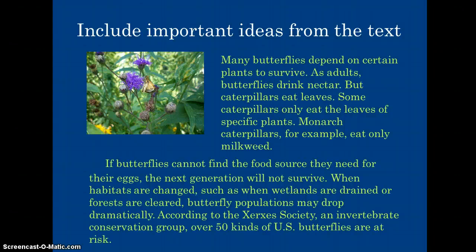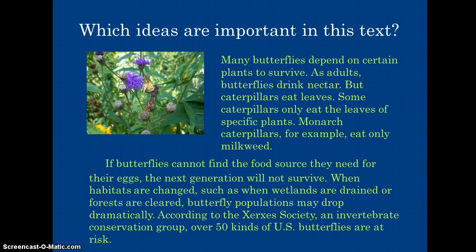When habitats are changed, such as when wetlands are drained or forests are cleared, butterfly populations may drop dramatically. According to the Xerces Society, an invertebrate conservation group, over 50 kinds of U.S. butterflies are at risk. Take a minute to go back and reread if you need to understand the 2 paragraphs.